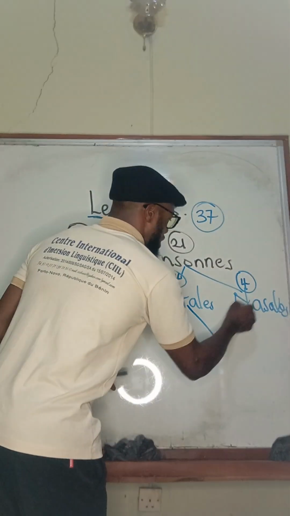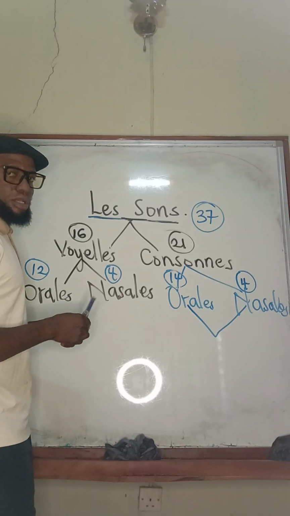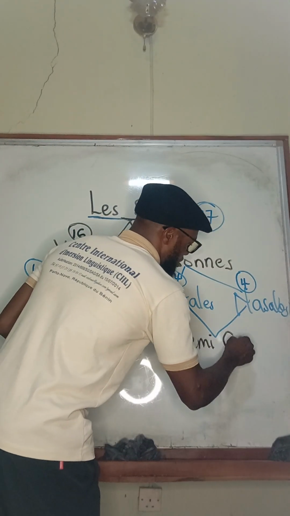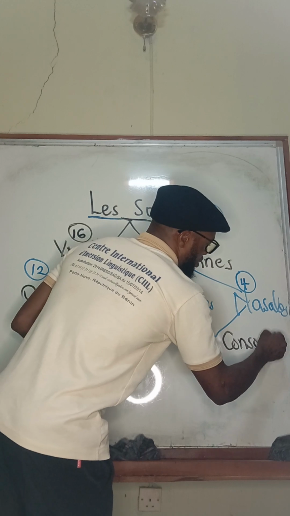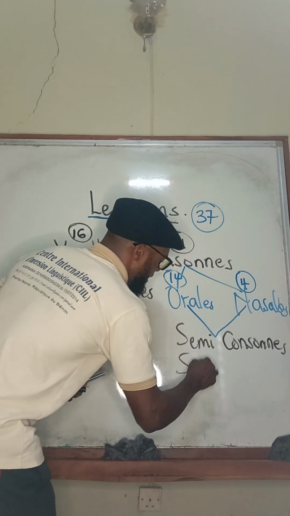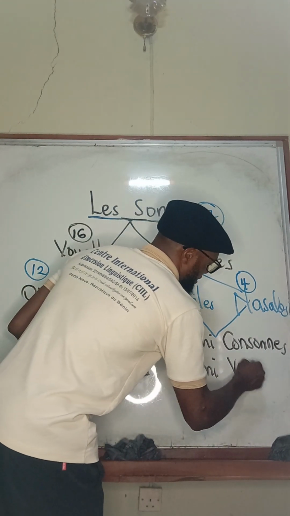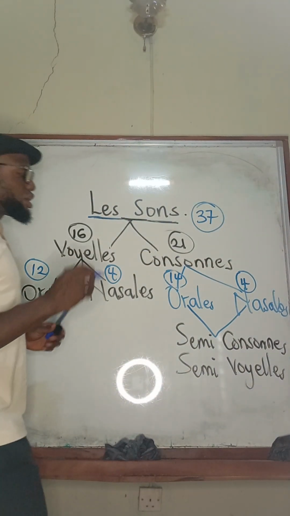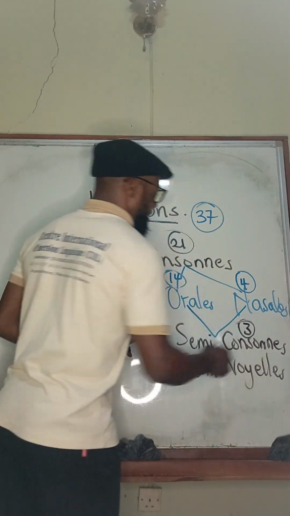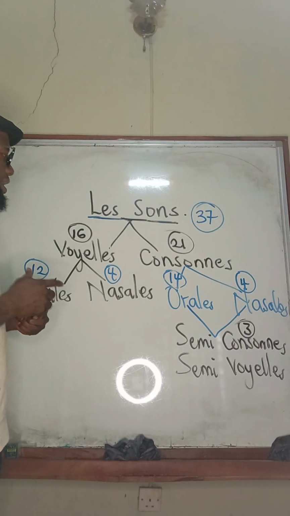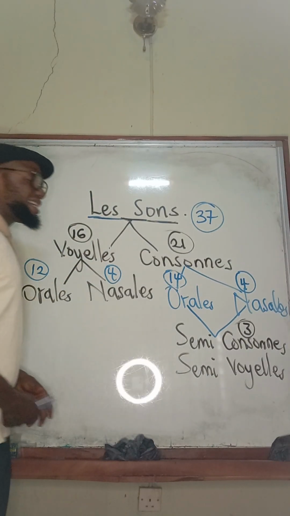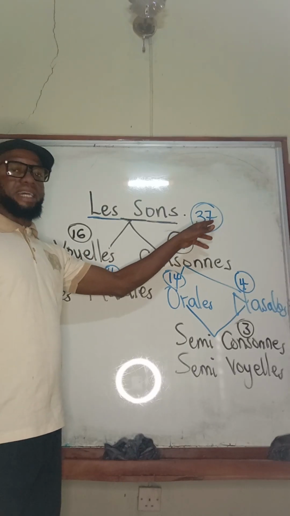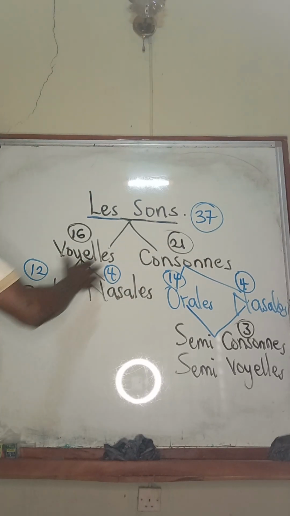Then there is what we call semi-consonant or semi-vowel, and they are just 3 in number. When you total all these sounds together, they are going to give you 37 sounds.